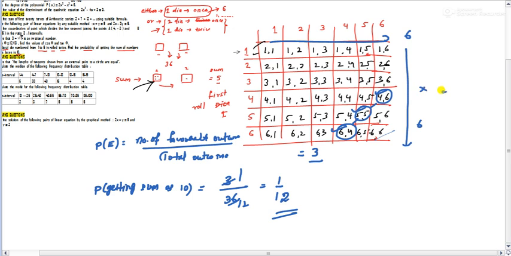So 6 into 6 is how much? 36. If you count, the total outcome is 36. So that will come in the denominator: 3 by 36. Got it? Both of them are divisible by 3. 3 ones are 3, 3 twelves are 36, which means 1 by 12. Got it?